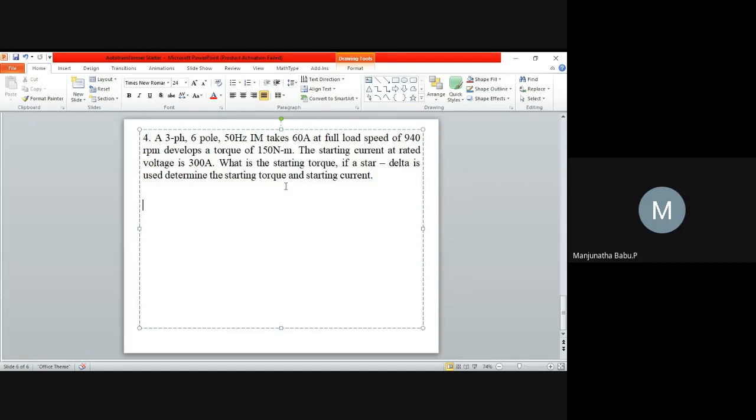Consider the slip is 0.06 and X value as 1/3, and IFL is 60. So ISC is equal to 300 amps. This is just a cross verification. So the starting current will be the same, 300 amps.